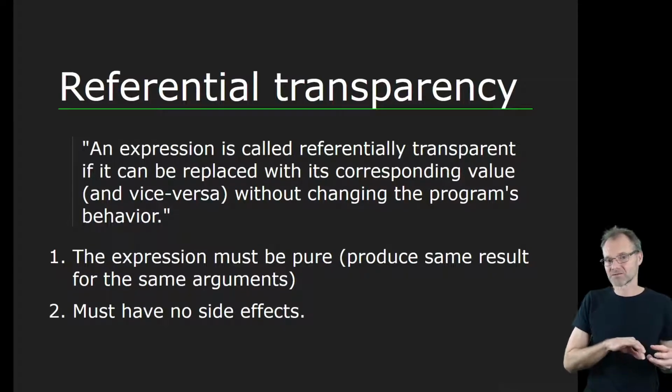If you can just remove the function and replace it with that value, well, then it's said to have referential transparency of that code section. But to be able to do this, you need to have a very pure expression, a pure function, that produces the same result for the same arguments. Always the same result for the same arguments and no side effects. Then we can reach this referential transparency.